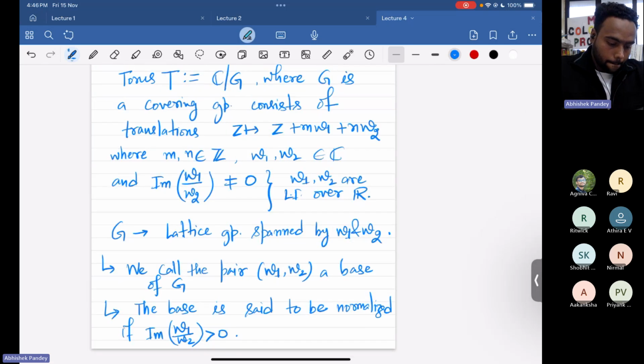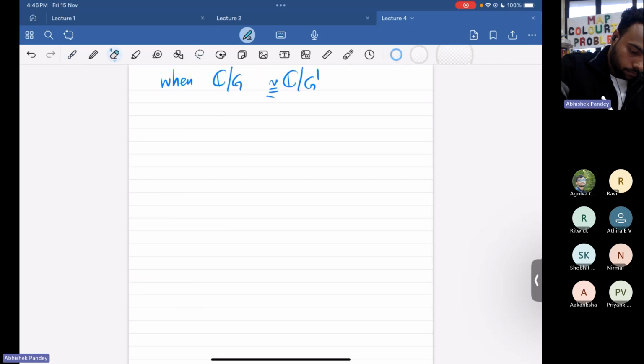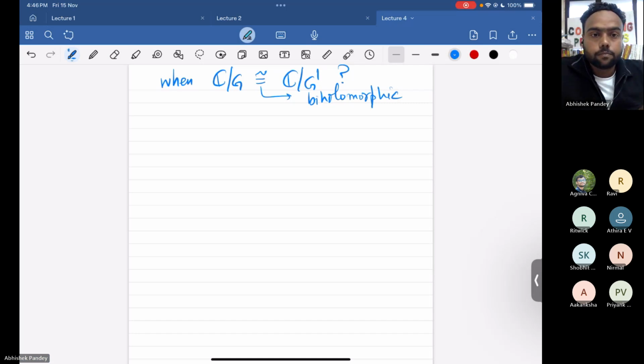So the thing is, when is C modulo G biholomorphic with some other C modulo G prime? Is the question clear?